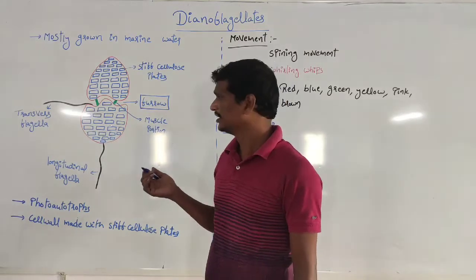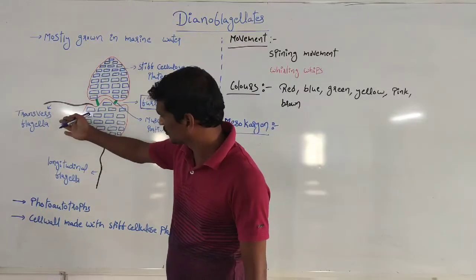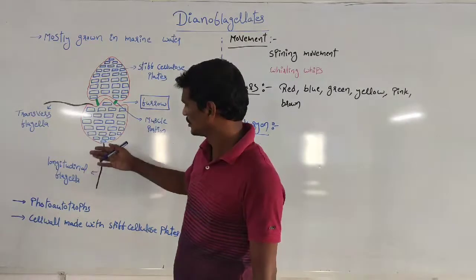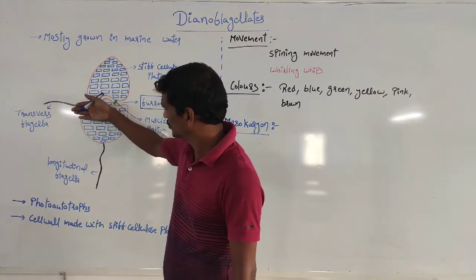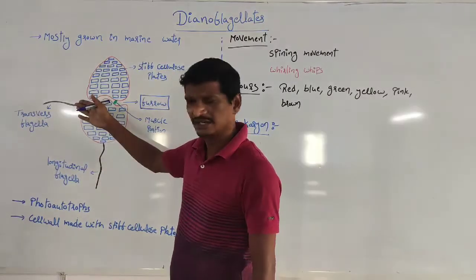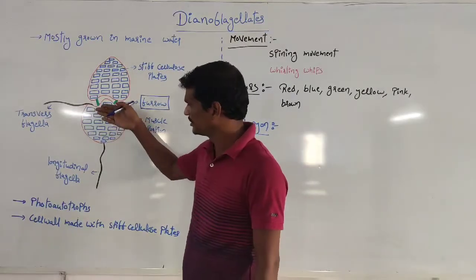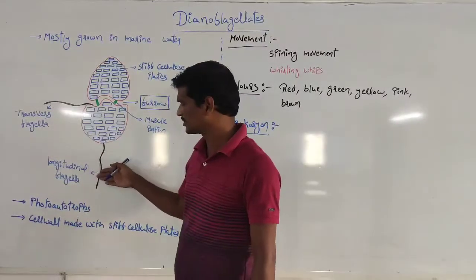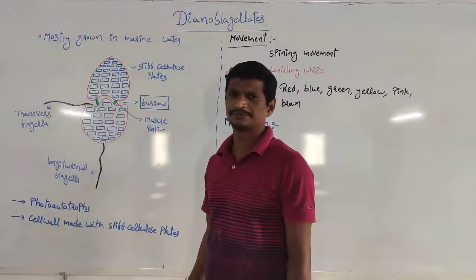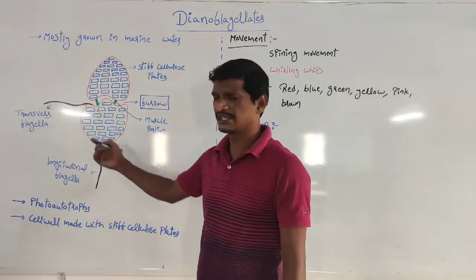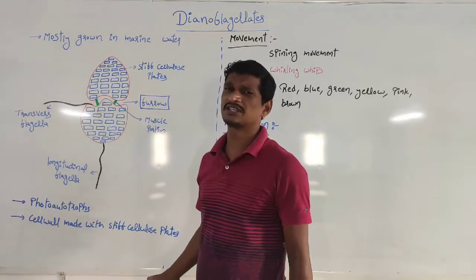There is a transverse flagellum and a longitudinal flagellum. One is attached transverse to the body, and the other is in the longitudinal position. So based on the position, there is a transverse flagellum and a longitudinal flagellum.